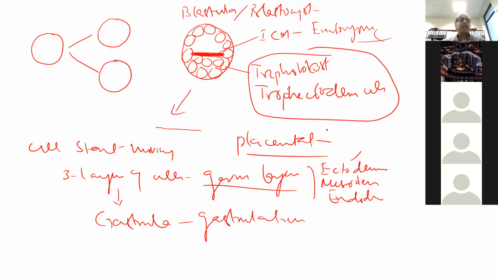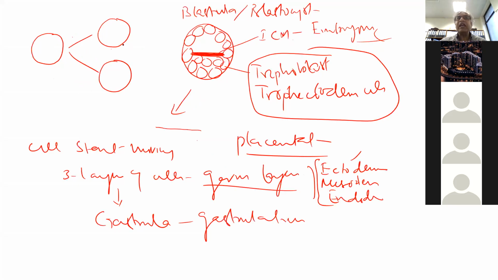Ectoderm makes your skin, endoderm makes your gut, your inner organs, etc. So already at this stage, which is hardly a few days after fertilization, we have 3 different cell types. Morphologically, we cannot distinguish them. We cannot see them at all.